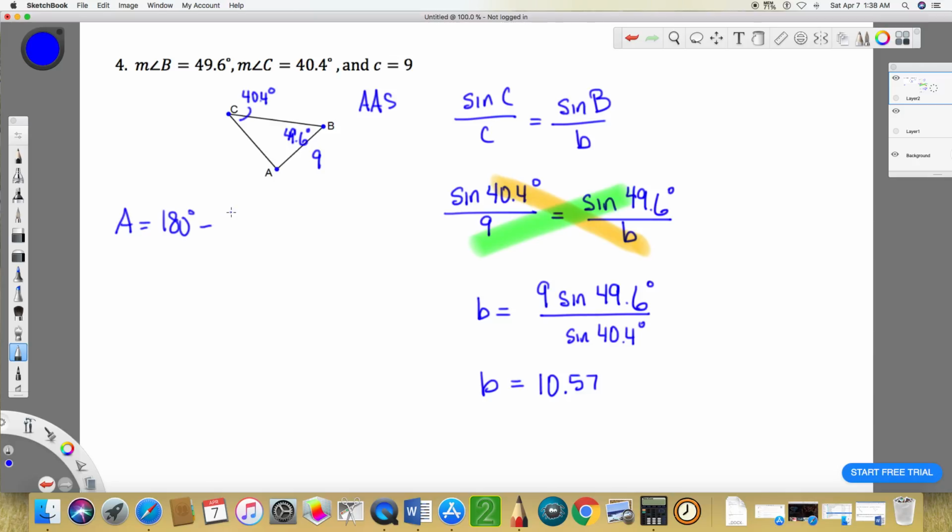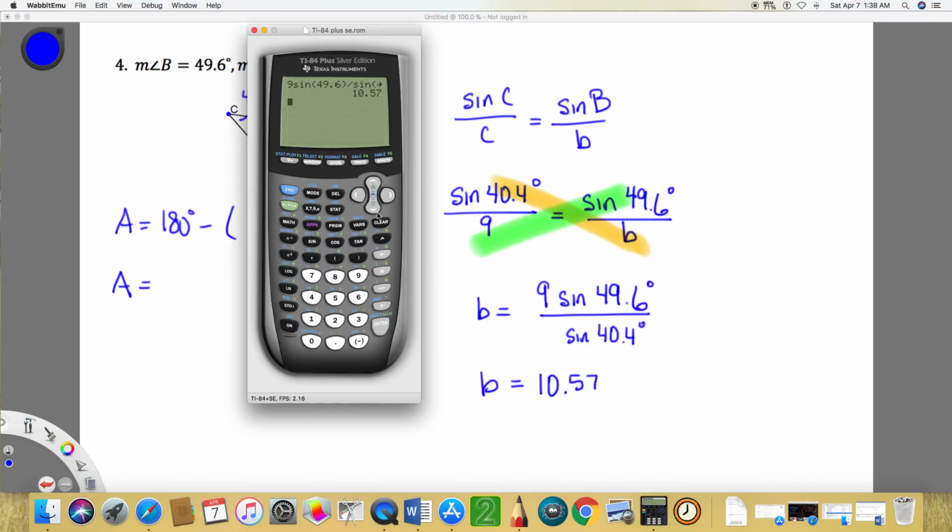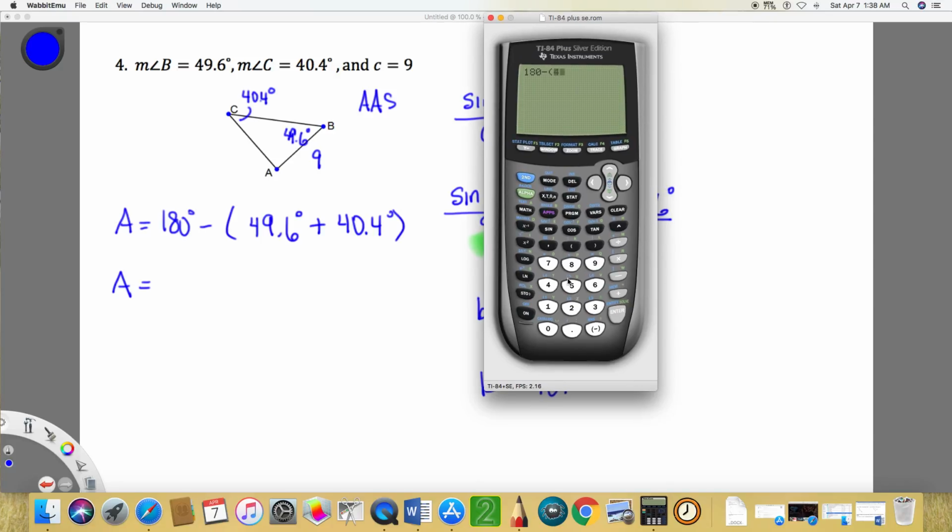So if I take 180 minus the sum of 49.6 and 40.4, I'll have the measure of angle A. 180 minus the sum of those 2 angles, 49.6 and 40.4, 90 degrees.